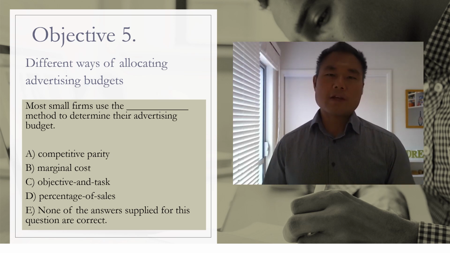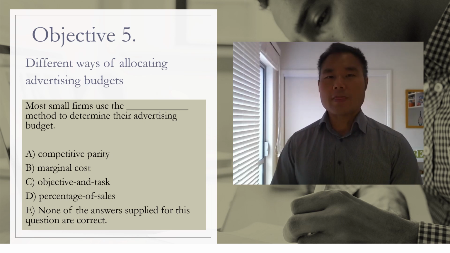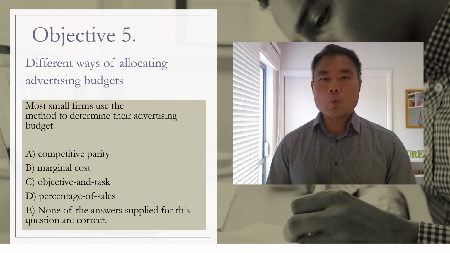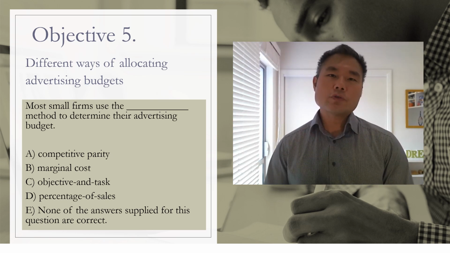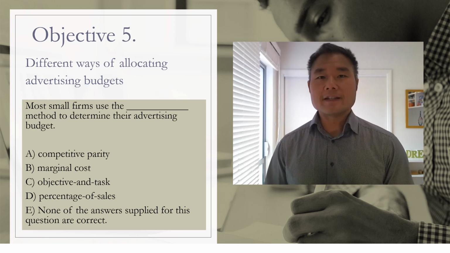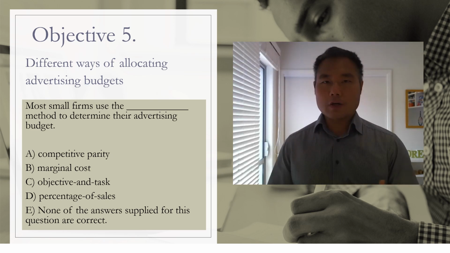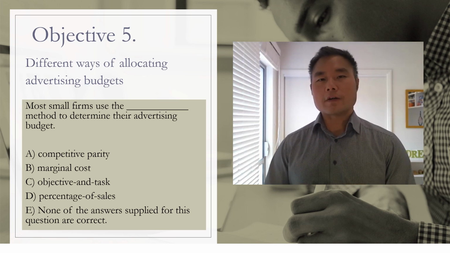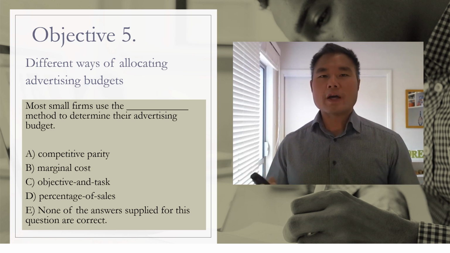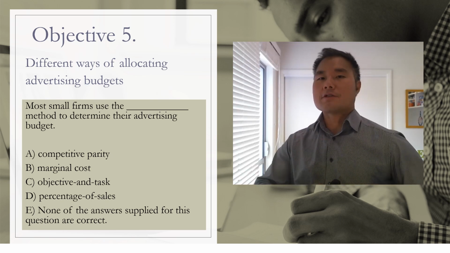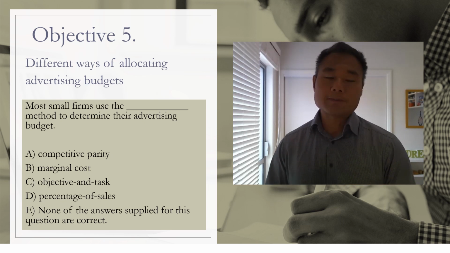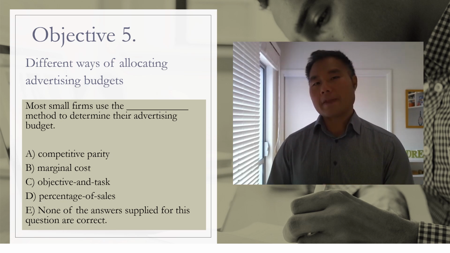And so this is a form of budget allocation that is popular because it is not particularly difficult once you figure out what other people are spending. And it's also, more importantly, very easily defensible to the manager or the CEO or to the client. Because if you think about someone saying, well, why have you spent this amount of money? And you say, well, that's because that's what the competitors are spending. Then you've automatically got a sort of a safety net in terms of a defensible argument. So that's the competitive parity method.